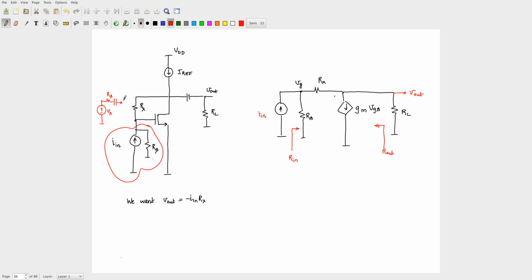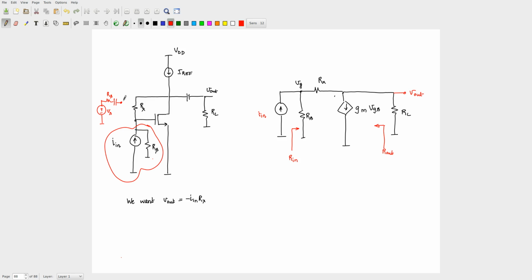So we'll get expressions now, and in order that the final expression looks like what we want for this particular application, the condition on this Rx will change. You will get an expression with a numerator and a denominator. If you make one thing the dominant term, it will give you the common source amplifier. If you make something else the dominant term, you will get this current controlled voltage source, and we will see that.